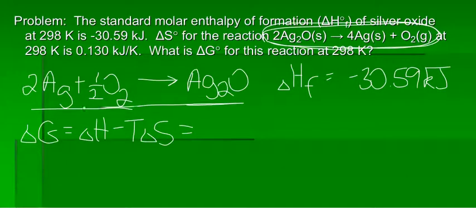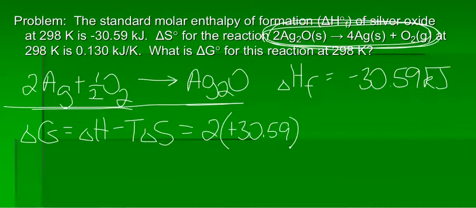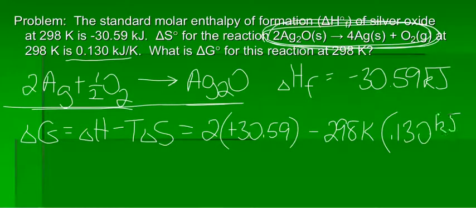Basically, to go from this reaction to this reaction up here, I have to flip it around and multiply by 2. When I flip it around, it becomes positive 30.59, and then multiply by 2. Minus T, 298, and then delta S for the reaction is 0.13 kilojoules per Kelvin.